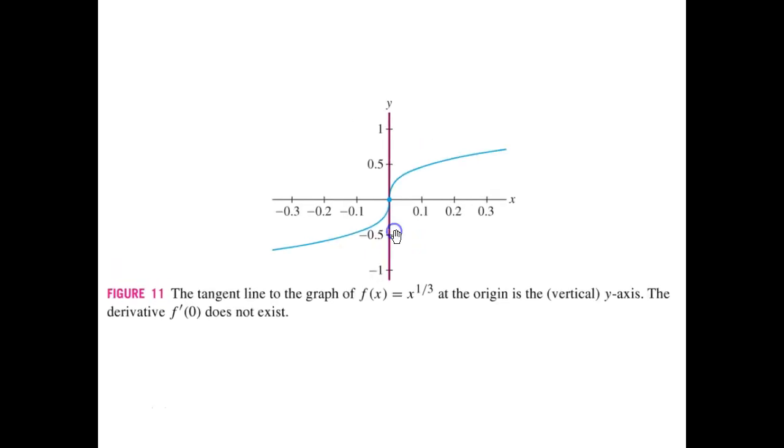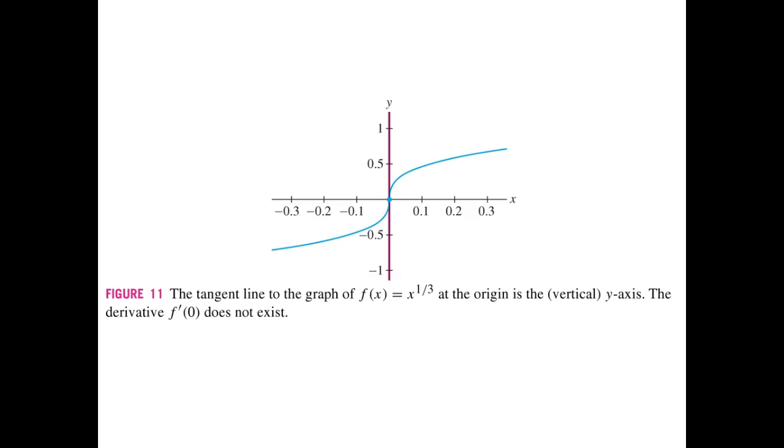Now, here is a situation you'll run into sometimes. This would be locally linear, but yet the tangent line, it's sort of tough. The tangent line to this graph, f of x is equal to x to the 1/3.